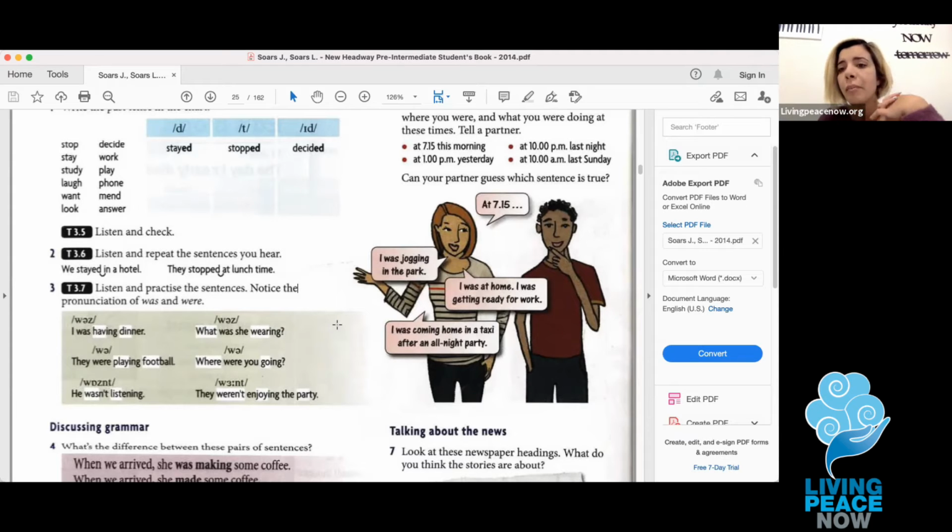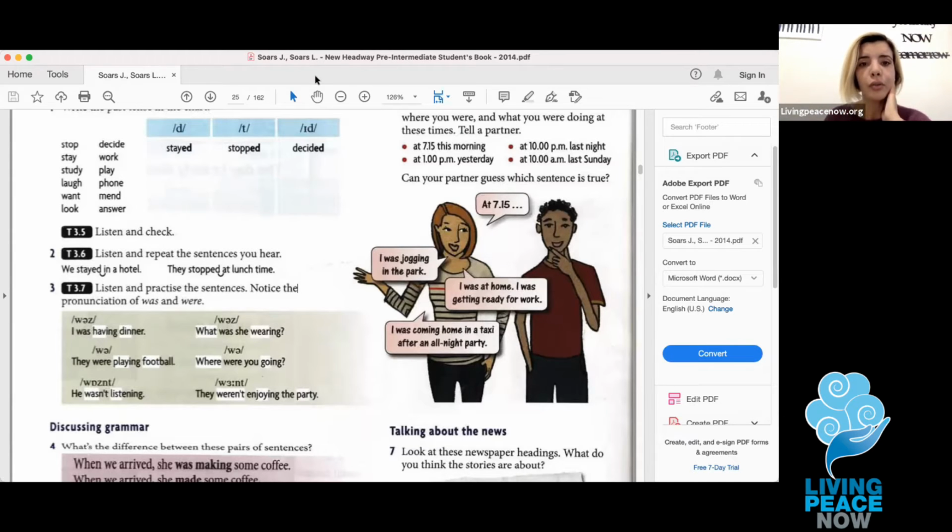So was he playing? This is the intonation. However, the positive or the statement is he was playing. The question is, was he playing? So it goes up. And the negative is he was not playing. So this is for the rule.